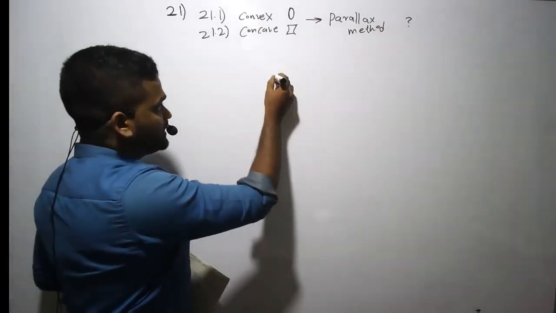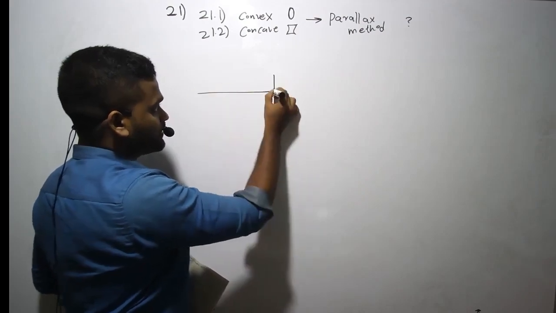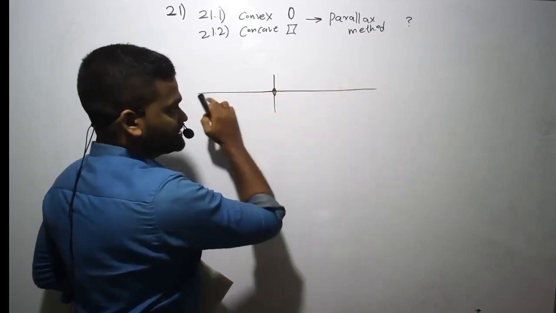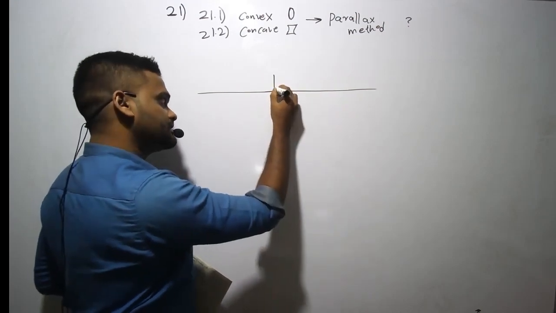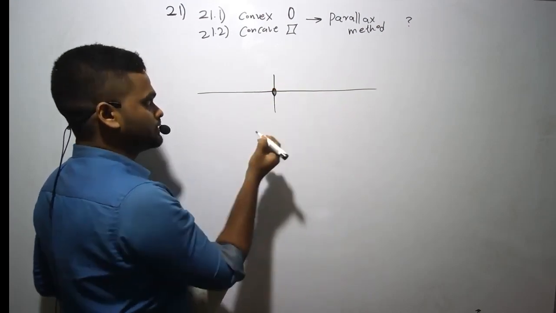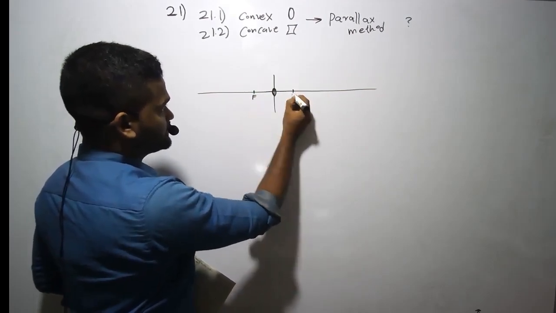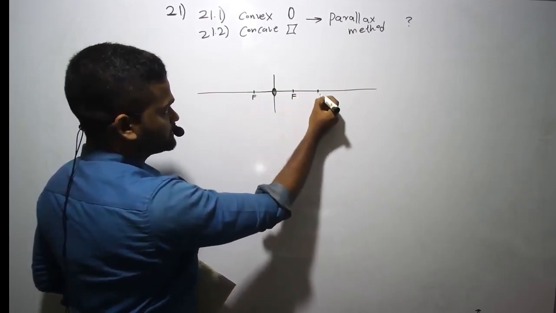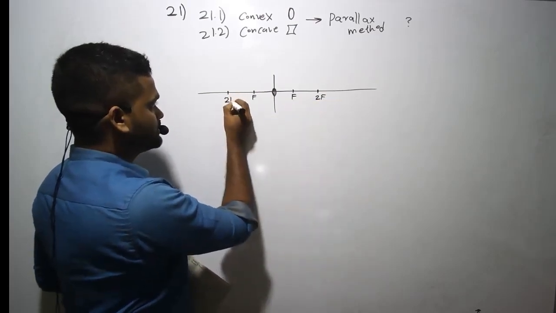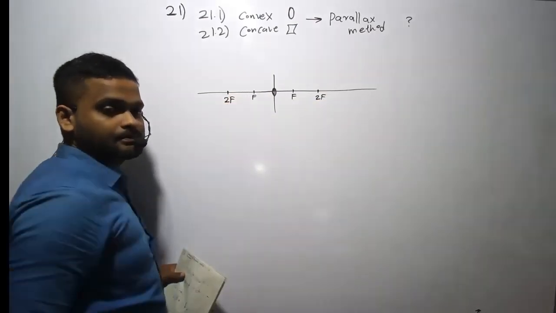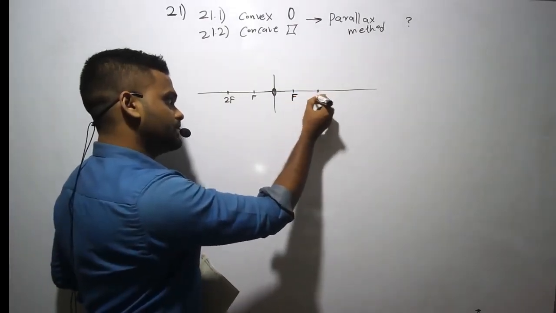If you get a convex lens, let's say like this, and this is the principal axis, and then you have the convex lens. These are the focuses. These are primary focus, and this is 2F, and these are secondary focuses. Then you have two primary focuses, F and 2F.